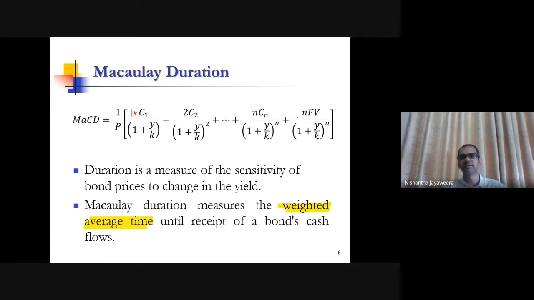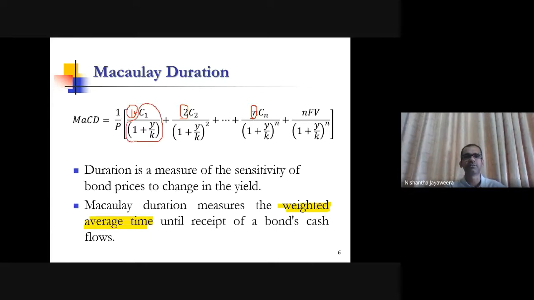You can see all the others are almost the same as the pricing equation, other than this 1 over P part and this 3, 4 like timing factor. So this is the time, this is also time, this is also time. What they have done is, for each time we have weighted it by this part.